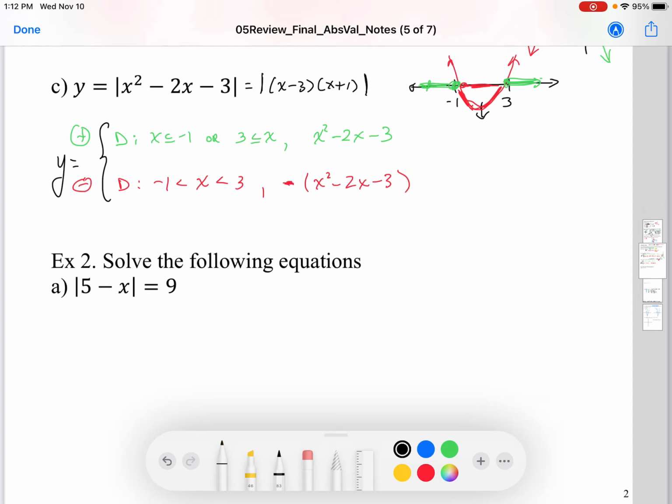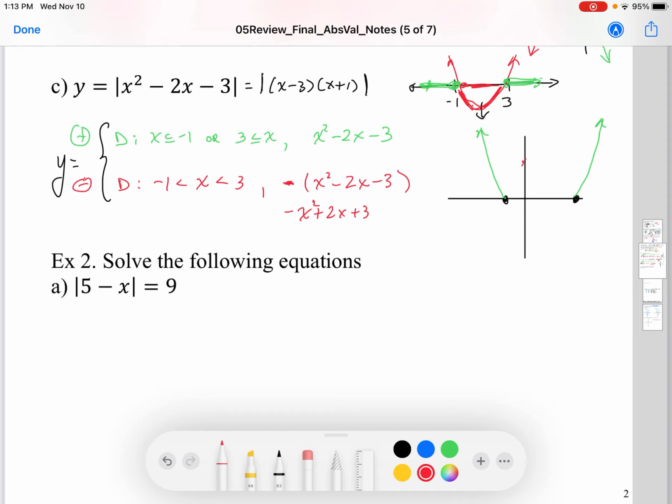So just sketching what this graph would look like. This one happens to have zeros on the x-axis. It doesn't have to bounce on the x-axis, but this one does because there's nothing on the outside. So I have my zeros at negative 1 and positive 3 here. On the outside, it's going to have just a regular right side up parabola. And on the inside, if I simplify this, it's going to be negative x squared plus 2x plus 3.